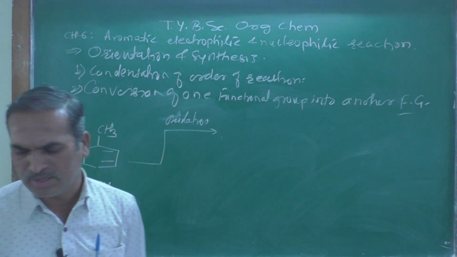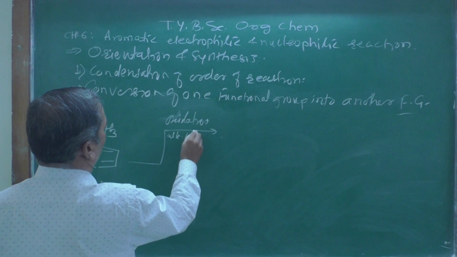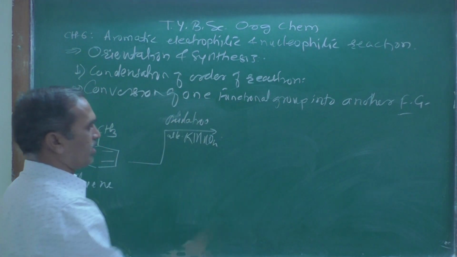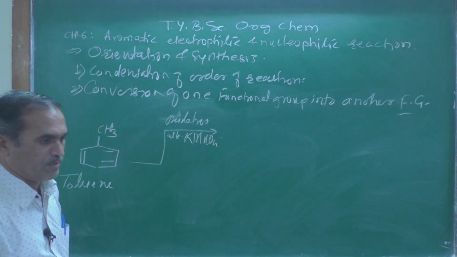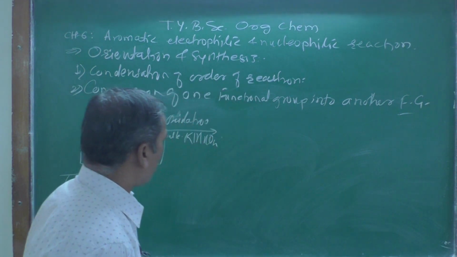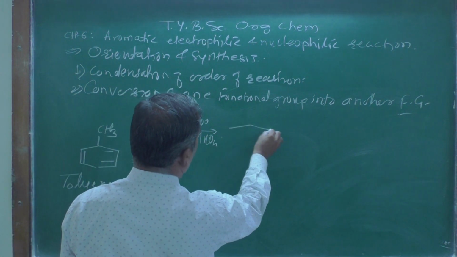Oxidation means alkaline potassium permanganate. You can use alkaline KMnO4, potassium permanganate, which is a suitable reagent for the oxidation of such a side chain, and the resulting compound obtained is benzoic acid.